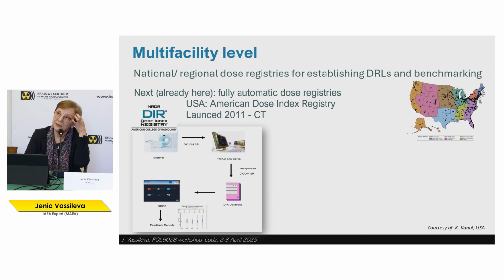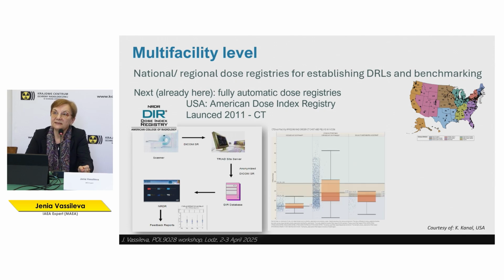The first fully automatic national dose registry was developed and installed in the United States, an initiative of the American College of Radiology, the so-called DIR registry. First for CT, the individual CT machines are connected to the registry, and this provides periodic analytical feedback.